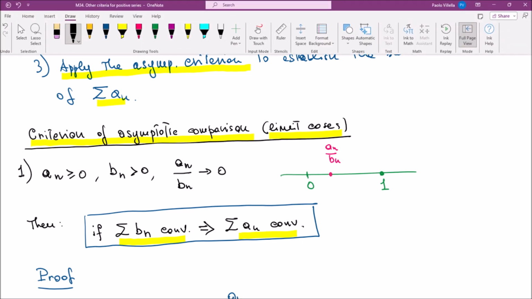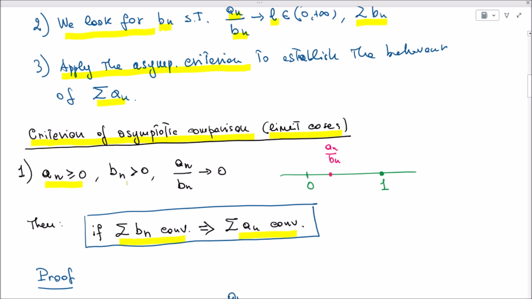The limit case is also using two sequences, An and Bn, An larger than or equal to 0 and Bn strictly larger than 0, and we are still analyzing the ratio An over Bn, but now this time the ratio will converge to 0.